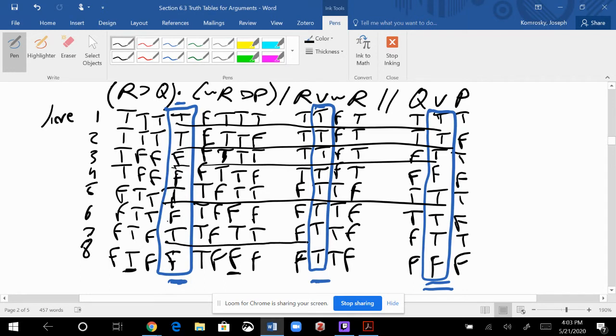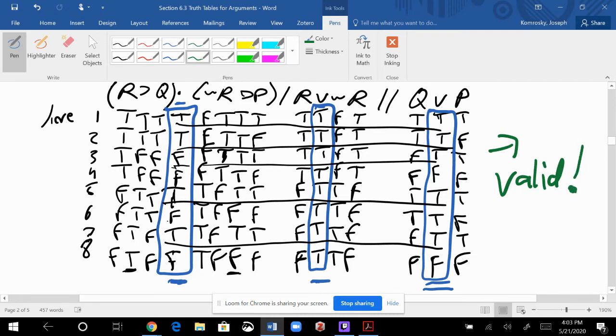Two true premises, false conclusion, no. False premise, don't have to look at it. So, okay, the only time I have two true premises is in line 1, 2, 3, 5, and 7. And each time I end up having a true conclusion. Therefore, I don't see two true premises and a false conclusion. So therefore, we have a winner. The whole thing's valid. Yay!